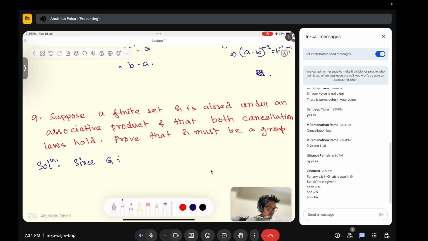Since G is finite, let us assume that G equals {g1, ..., gn} for some n.